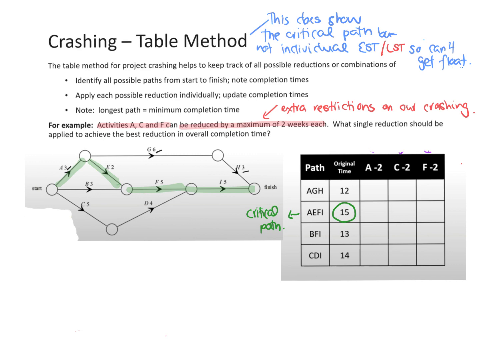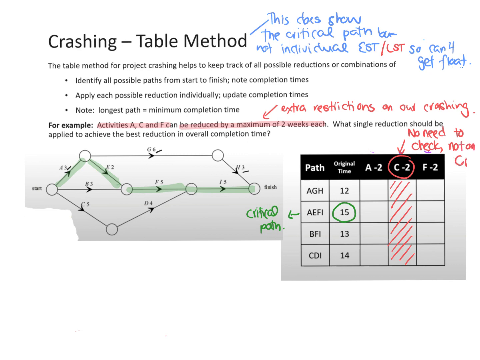Now, I'm not going to worry about working out if I crash C. Why am I not worrying about that? Because C is not on the critical path. So maybe write a little note there: no need to check, because it's not on the critical path.